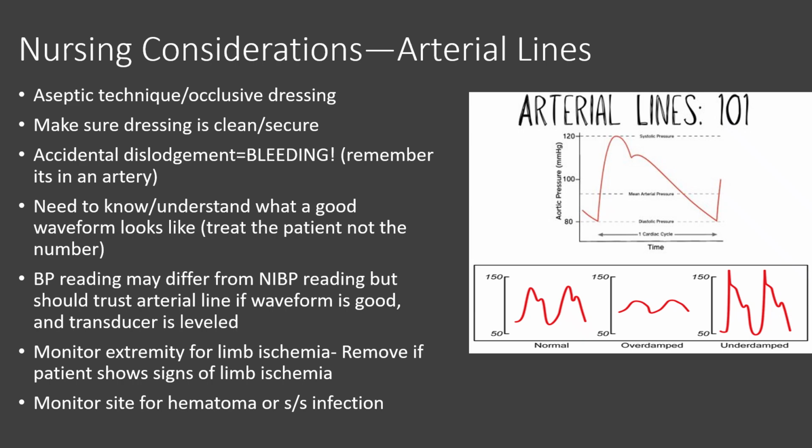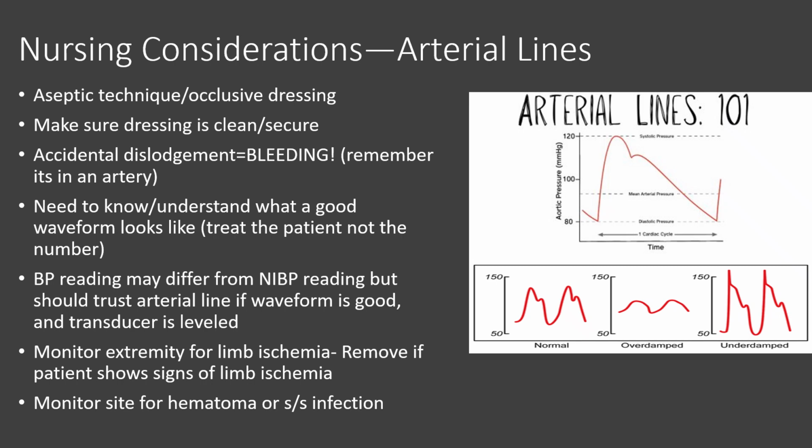And it's also important that if you are working with arterial lines that you understand what the waveform should and shouldn't look like. For example, if a waveform is over dampened, this will give us an artificially high blood pressure. Or if a waveform is underdampened, it can give us an artificially low blood pressure.